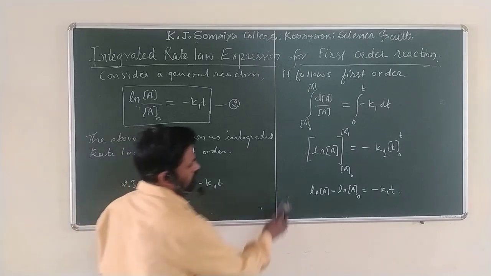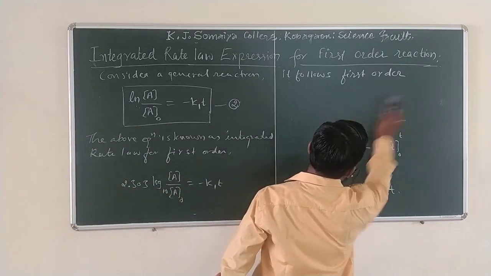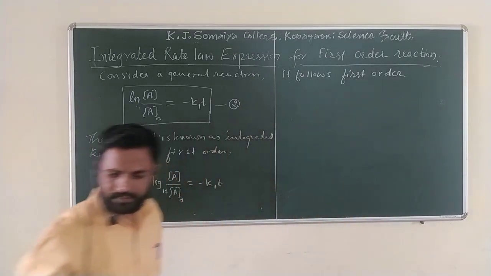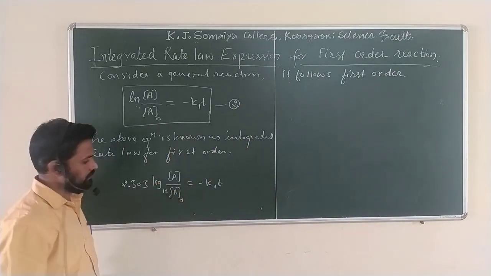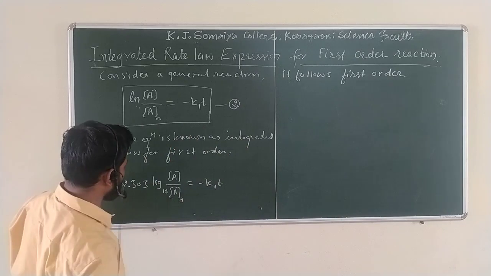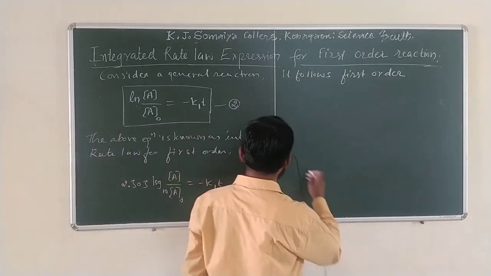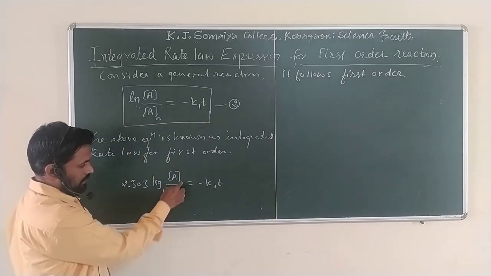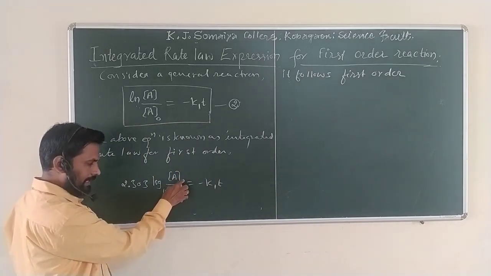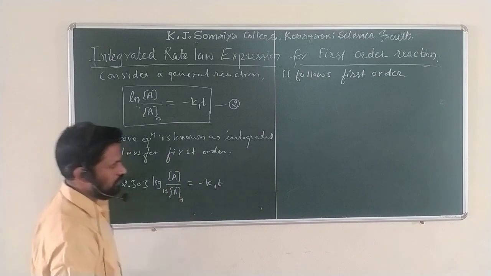Now we continue, because we have to represent the equations in such a way that we can make a graphical representation. For our convenience I simplify. 2.303 applies to the log of A concentration as well as the log of A0 concentration.